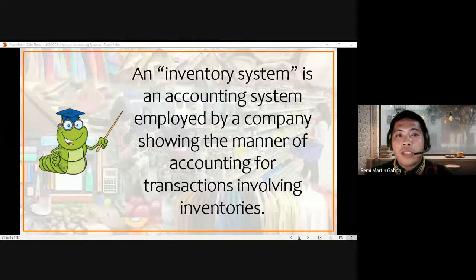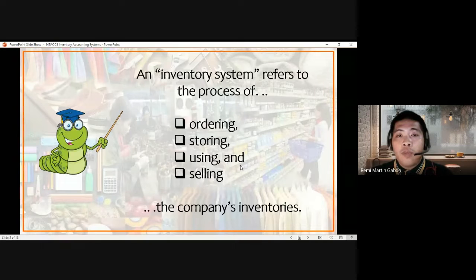Okay, so inventory system is the manner showing the accounting for the transactions involving inventories. Now, being a manner of accounting those transactions, inventory system may refer to the process of ordering, storing, using, and selling the company's inventories.